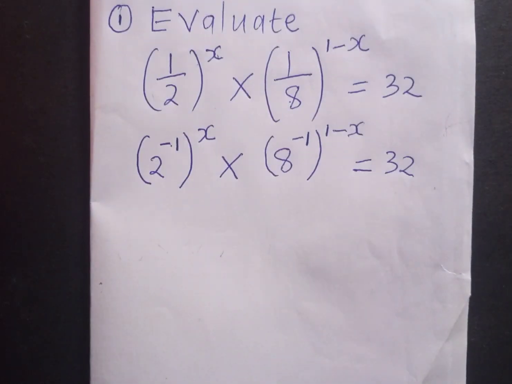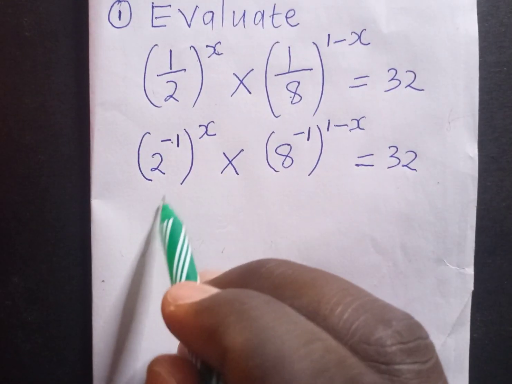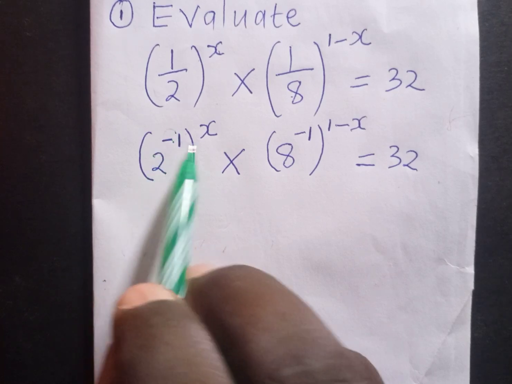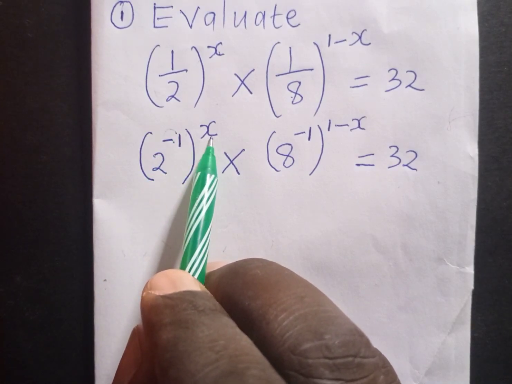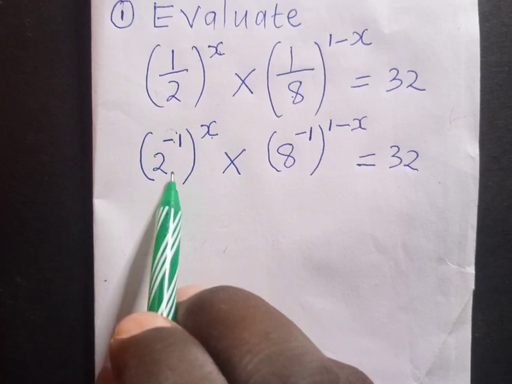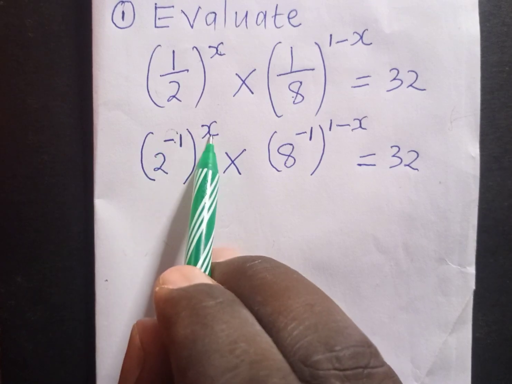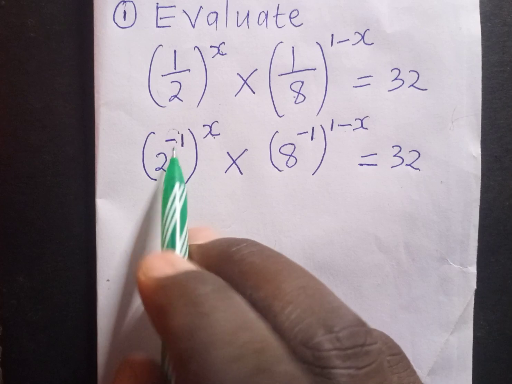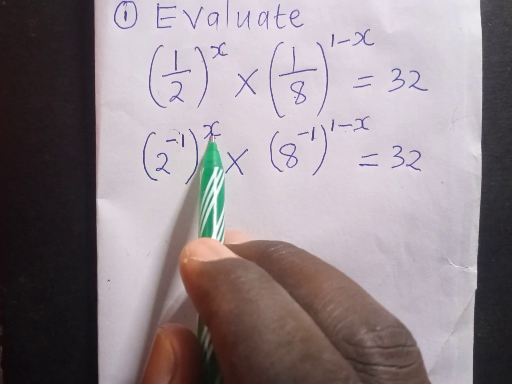Now, the next step is that from the law of indices, if we have this as the power and also this as the power, this one is outside this bracket. This one is a power and this one is a power. So for this one, we shall say this power times this power.